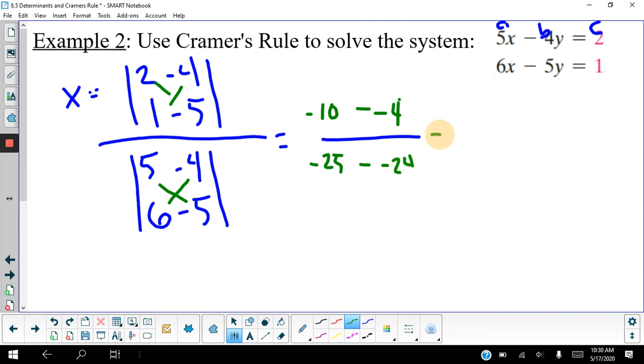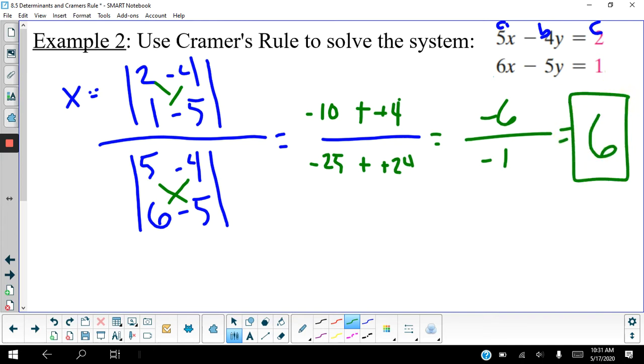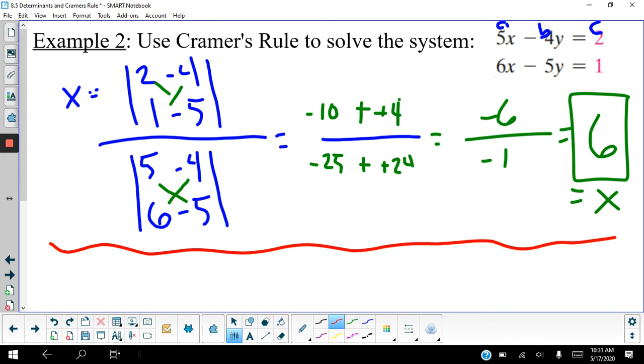So when we simplify all of this, it leaves us with a negative 6 in our numerator, which leaves us with a negative 1, which gives us 6. That's our x value. So in order to find the y, we're going to do kind of the same thing.